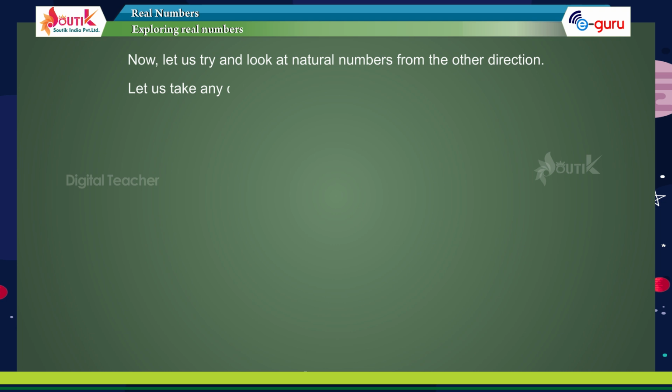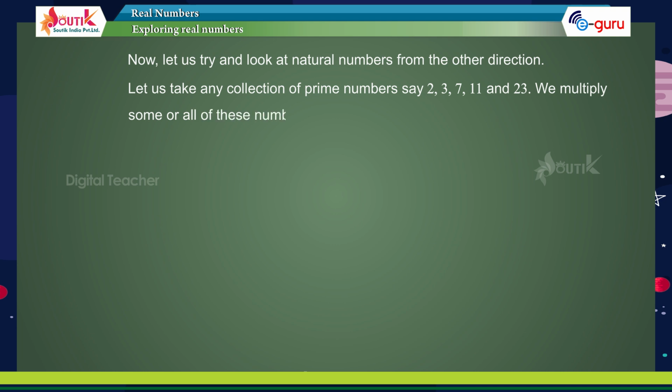Let us take any collection of prime numbers, say 2, 3, 7, 11 and 23. We multiply some or all of these numbers, allowing them to repeat as many times as we like.